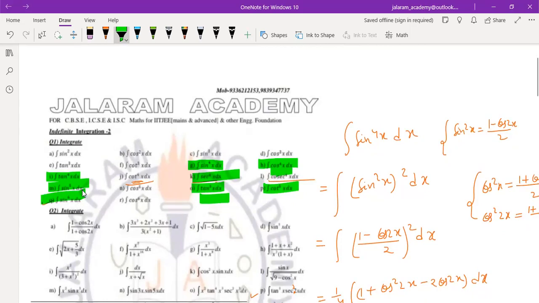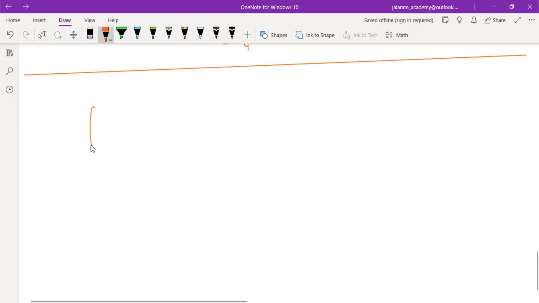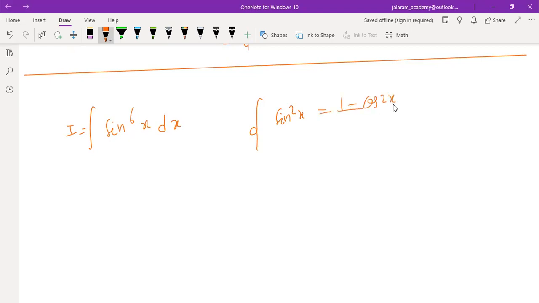Next is integration of sin to the power 6x, very important. How to solve the integration of sin to the power 6x dx. So the same method will be followed to change sin square x as 1 minus cos 2x upon 2, as we have used in integration of sin square x and integration of sin to the power 4x.